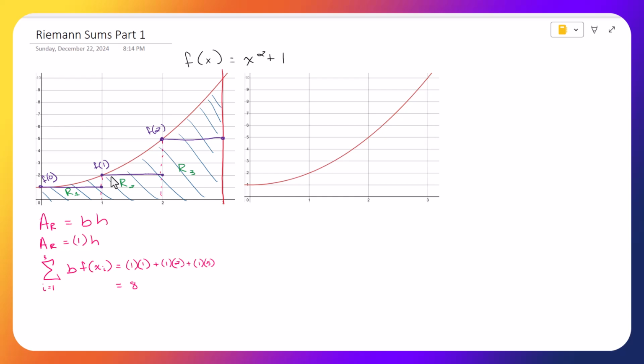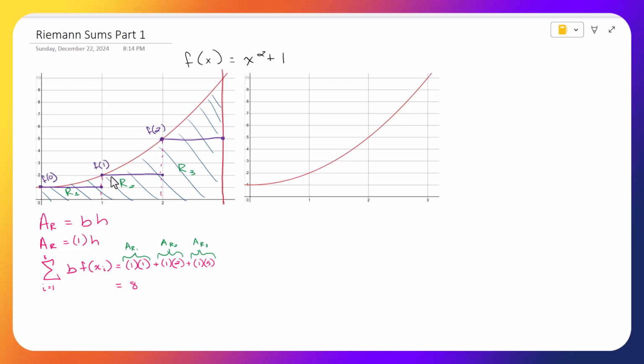Let me also add one more thing to make it clear. This is the area of rectangle 1, area of rectangle 2. I'm really trying to take my time and make this neat. This is a lot slower than I really want to go in class.